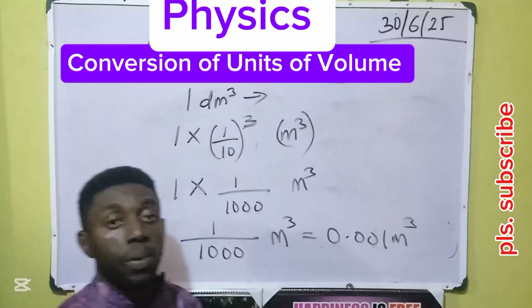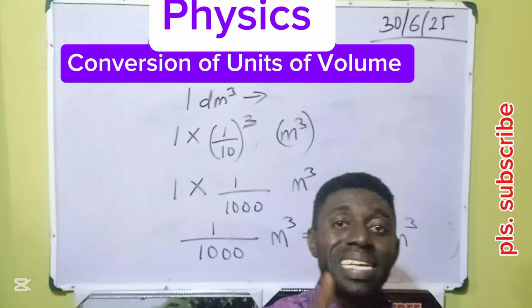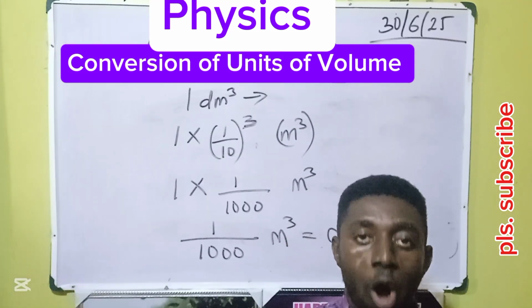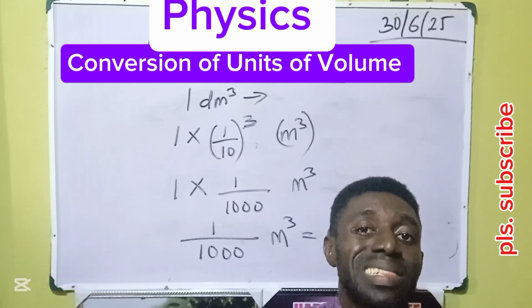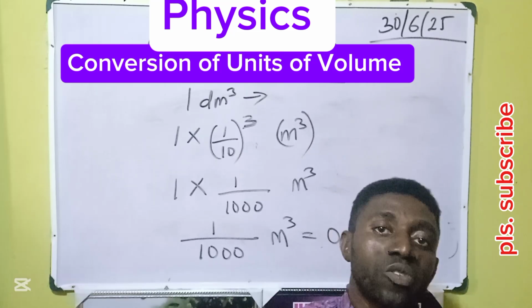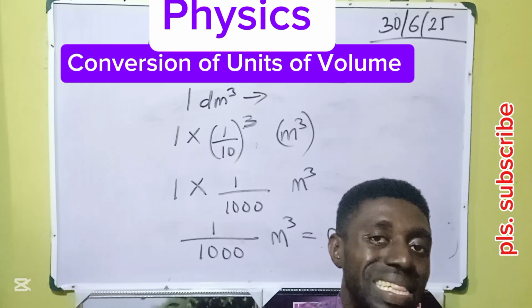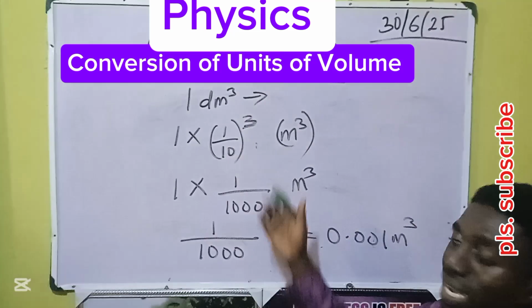You can now see from the board that 1 decimeter cube or 1 liter is equal to 1 over 1,000 or 0.001 meter cube or cubic meter.